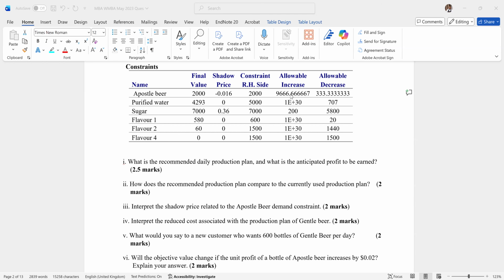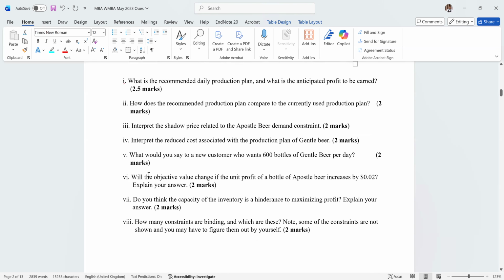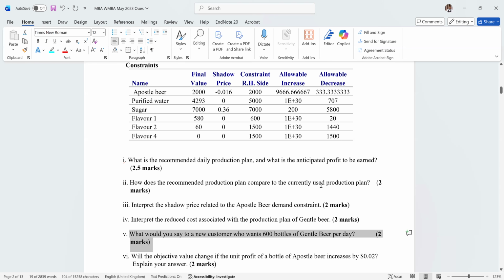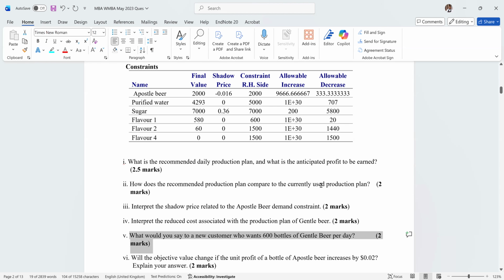If you are taking notes, then you know what you got to do. Then the next part of the question says, what would you say to a new customer who wants 600 bottles of gentle beer?